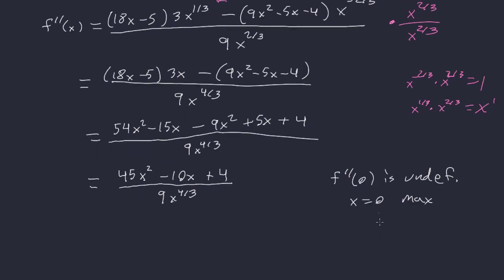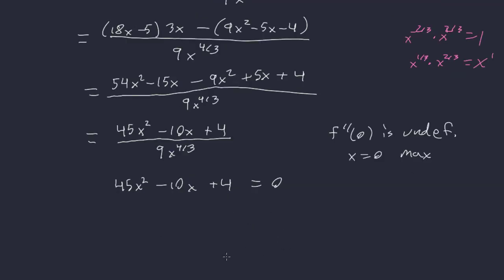In fact, I would say it's impossible, but that might be a little strong. Okay, so it's already a max, so we really don't have to consider it. We basically need to consider the numerator equal to 0. However, I have a sinking suspicion here that this is not going to ever happen.